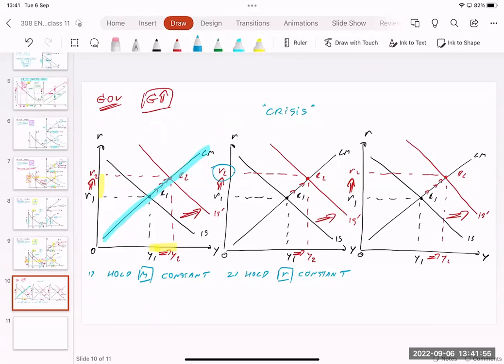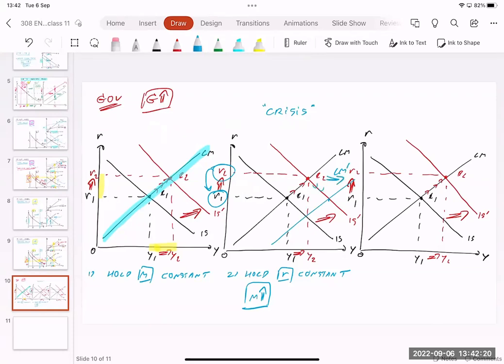In order to hold the real interest rate constant, to make it go back to R1 again, the central bank needs to increase M. If the central bank increases the money supply, the LM curve will shift to the right.